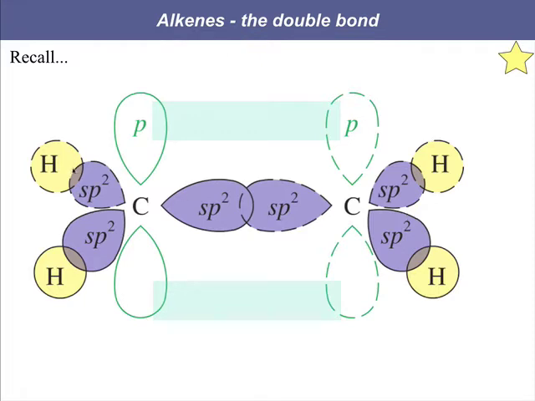In this case, we have two of those sp2 orbitals on each carbon simply overlapping with hydrogens. The other sp2 orbitals are overlapping with each other. That's the sigma bond. Then the pi bond is both above the plane of the sigma bond and below the plane of the sigma bond. The side-to-side overlap of the p orbitals is the pi bond, and we count this as half and this as half. That's actually very important.